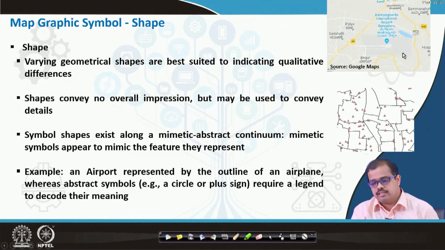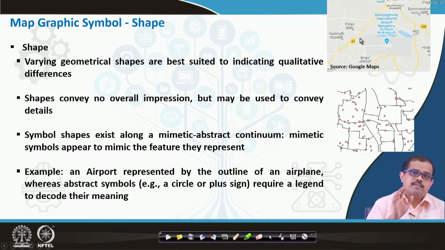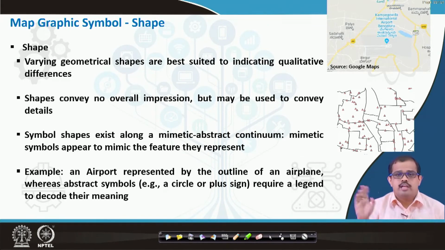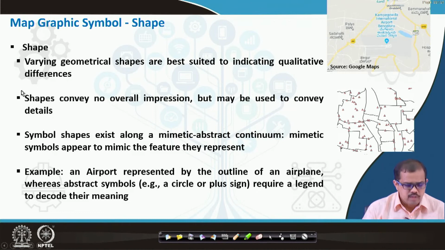Here, for example, is an airport in Google Maps. It shows a symbol, a shape, representing a flight or an aeroplane, or a point. That is the shape representing most of the airports across the world, and that is the best way of informing anyone who is looking at the map.